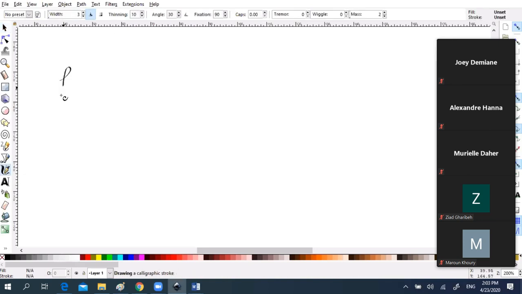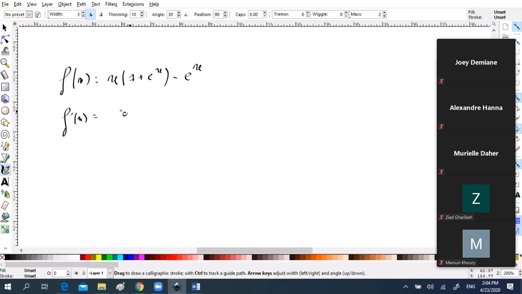Okay, so we have that f of x in this case is equal to x multiplied by 1 plus exponential of x, minus exponential of x. In order to show that this function admits a root somewhere in the interval 0, 1, first we study the derivative to see how it behaves.